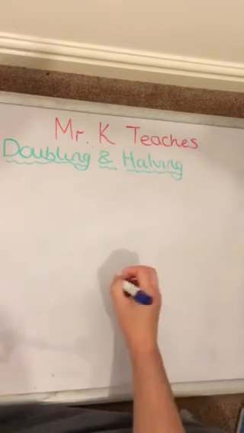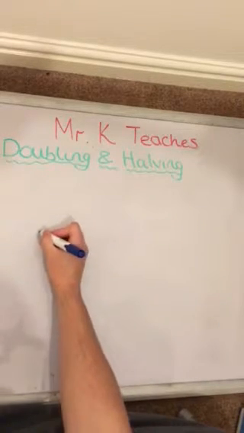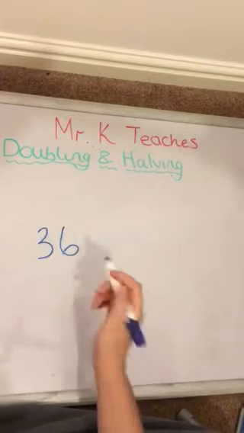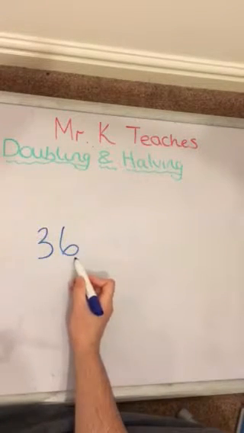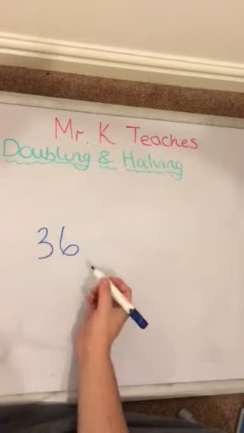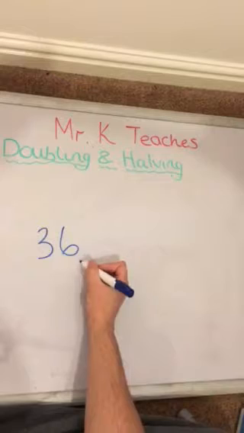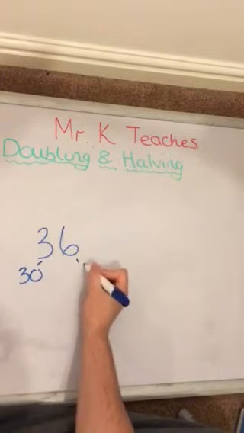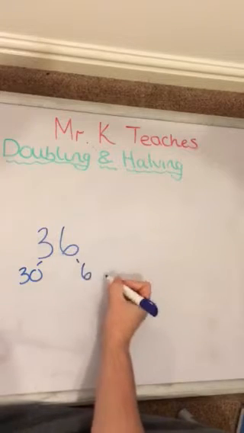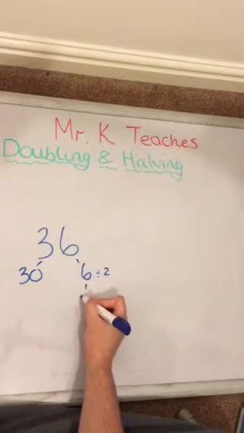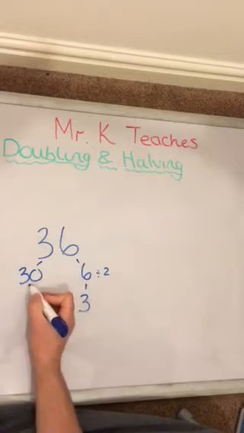So for example, if I tried 36 and I wanted to halve it, 6 is an evens number, but 3 is an odd number and 2 does not go into it equally. So this is where partitioning really helps. So split that up again, partition it again into 30 and 6. Half of 6, so it's 6 divided by 2, equals 3.